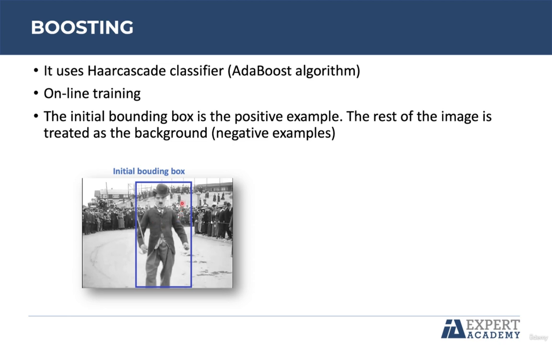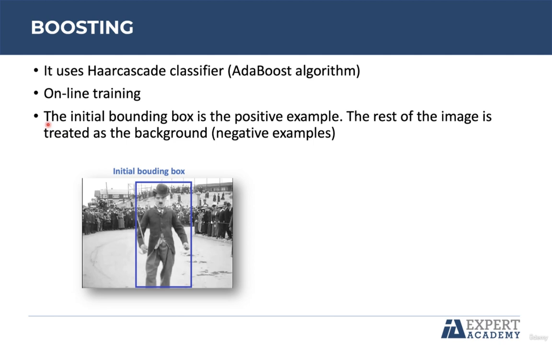For example, in this image here, you must create the initial bounding box by selecting the object to be tracked, which is the positive image, and the rest of the image is the negative part that does not have the object. For example, the house, the wall, the people here, and so on. In short, 1 if it is the object, and 0 if it is the background.